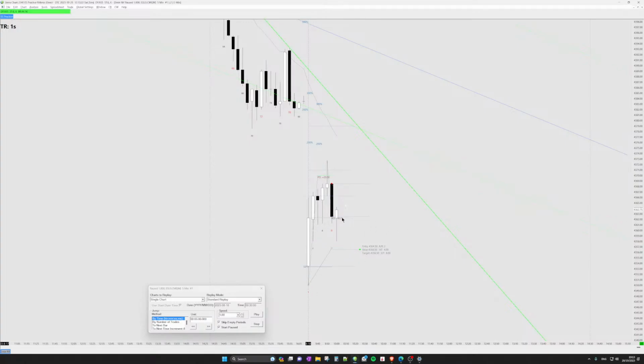No. Yes, but no, it's not 50%. It was there, right? So the bulls closed 5 points plus 3 ticks. So this is better for bulls rather than bears.